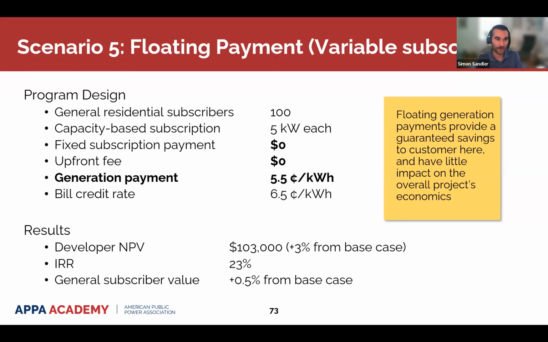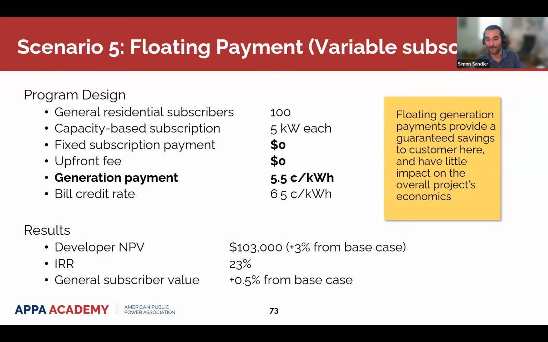And so if that's confusing or if you can't figure out messaging around that, that's kind of the downside to this. And what's nice here is that we've just shown that even just guaranteeing a 1 cent saving, even though all the payments are in the out years, right? None of the payments are made up front, the project still works. The customer is seeing a 1 cent saving for every single kilowatt hour that they subscribe to, but the project still pencils.